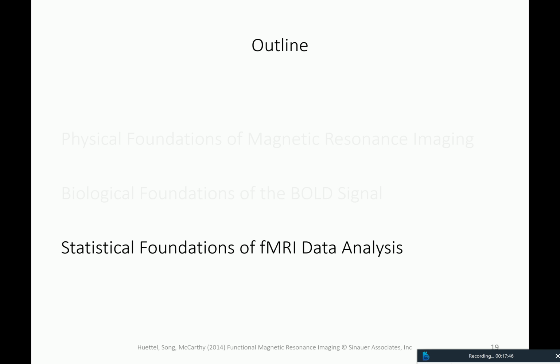There will be a sentence on how the data was acquired, but it will not go into the fact that you need the Fourier transform to do MR imaging. This is not what you will find in an fMRI paper. What you will find is how the authors analyzed the fMRI data, right?